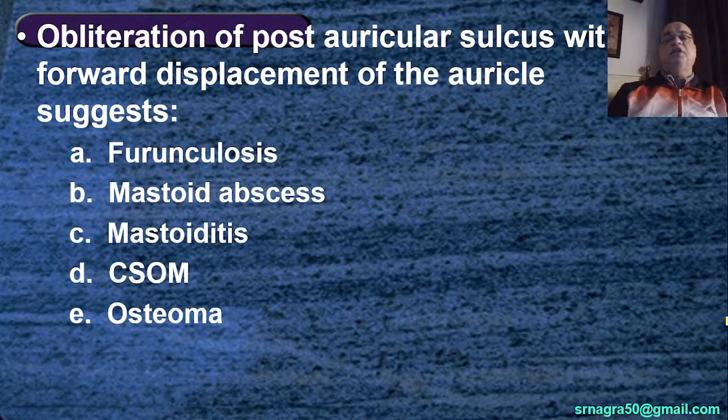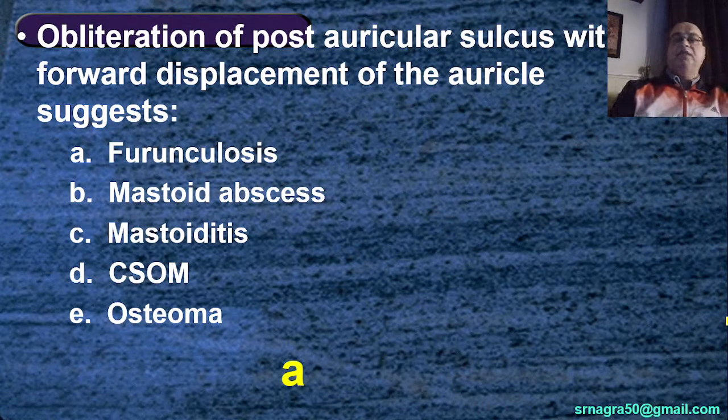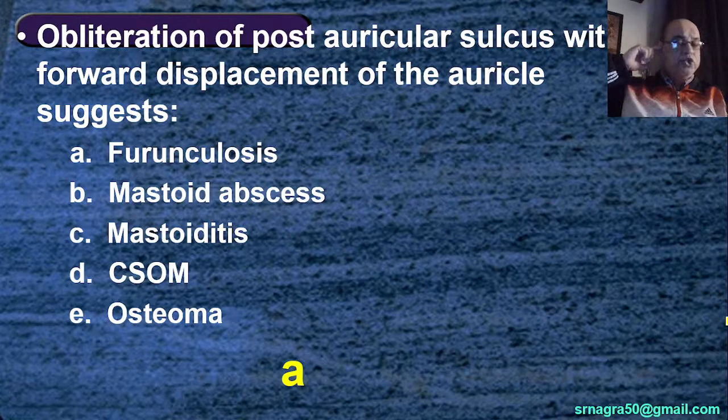Obliteration of the post-auricular sulcus with forward displacement of the auricle suggests, again, furunculosis, because here the edema is coming from inside the external auditory canal. So from inside it is coming outwards, obliterating the sulcus, and when the sulcus is obliterated, automatically the pinna is pushed forward.